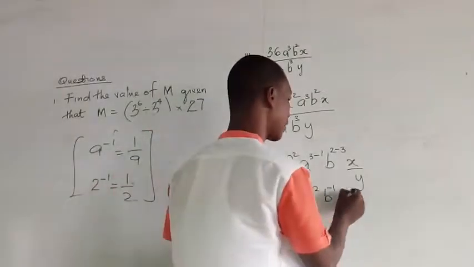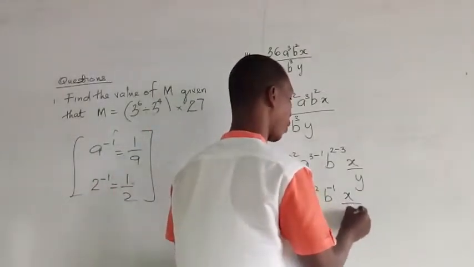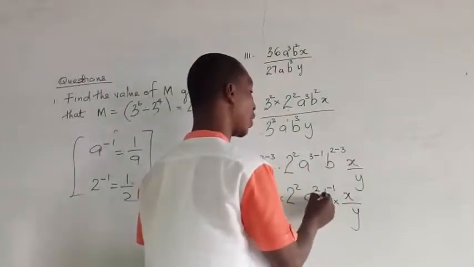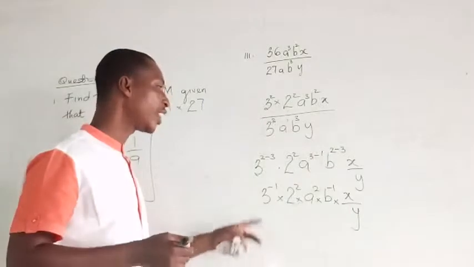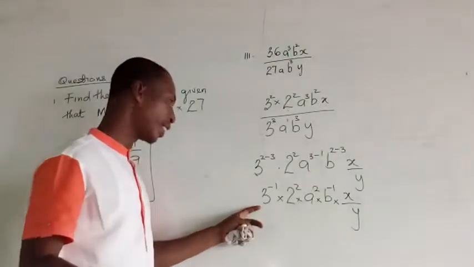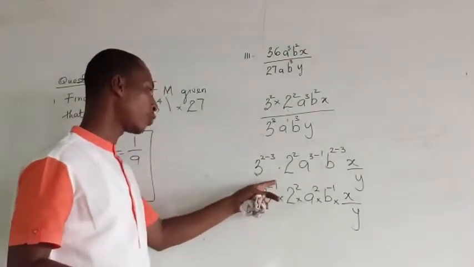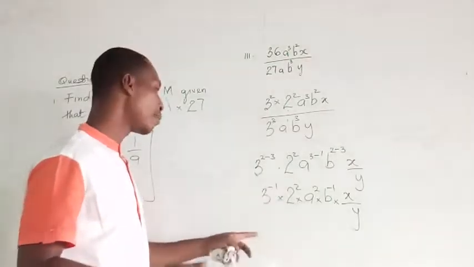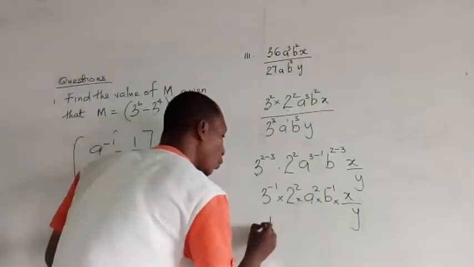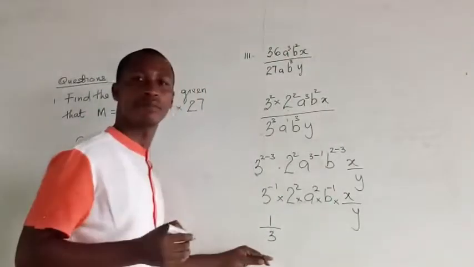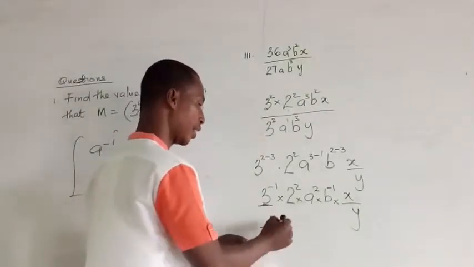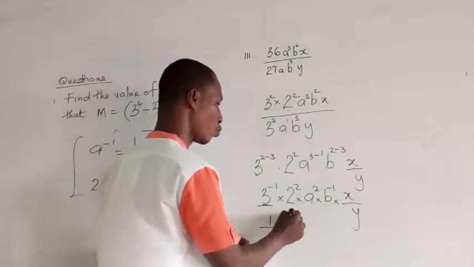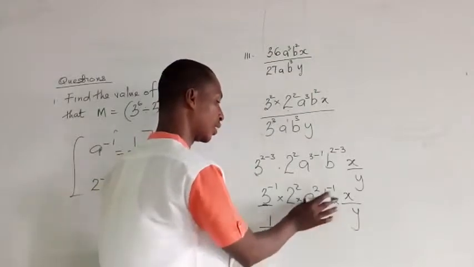Then x divided by y. Know that it's all about multiplication, it's a product. So judging from what I have explained, a to the power minus 1 is the same as 1 over a. This aspect alone is 1 over 3 times 2 to the power 2, which is the same as 4.